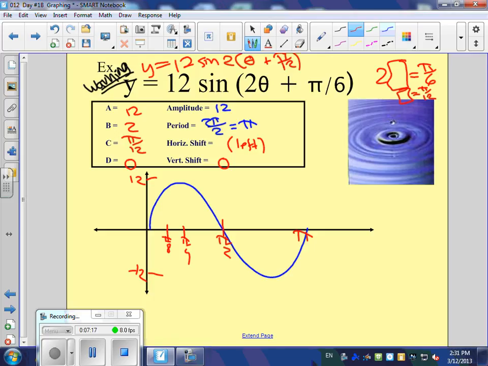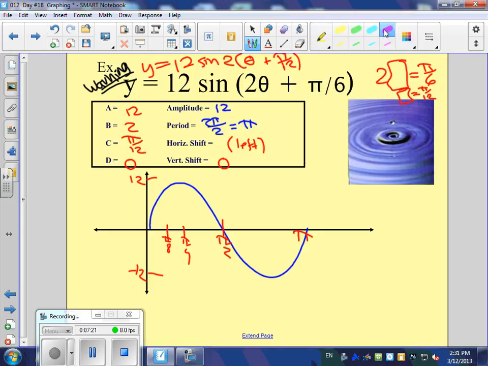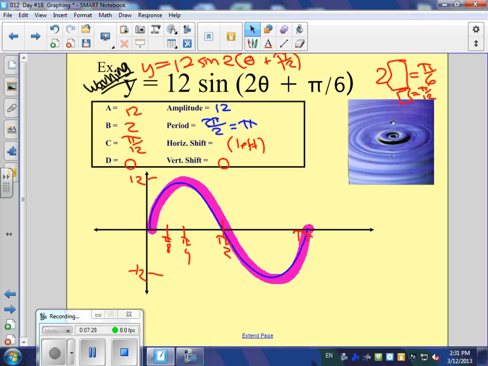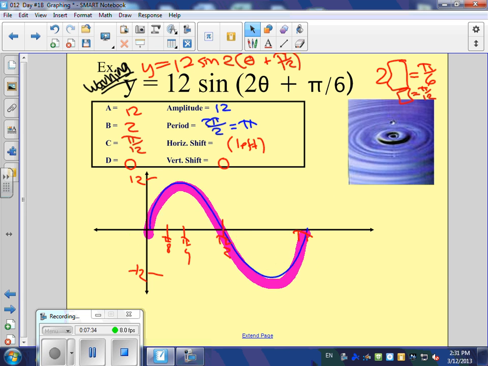So then I'm going to go fancy town here. Okay, there's the curve the way it is now. I'm going to move left or right. It says left pi over 12. So if this is pi over 8, pi over 12 is a little more than half that. It's only a little bit.